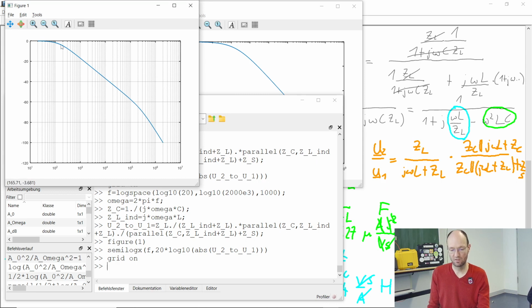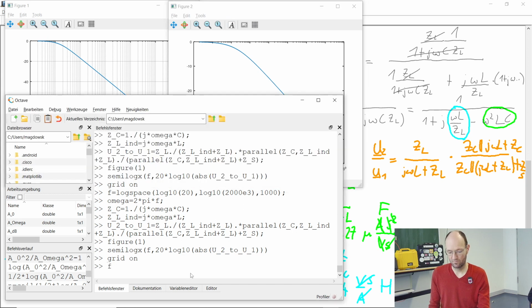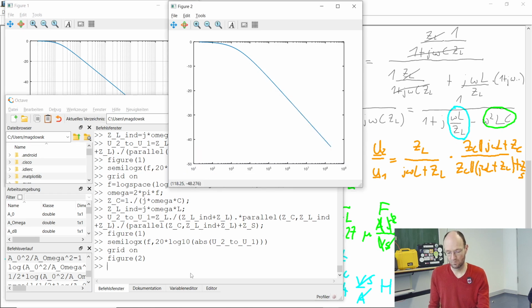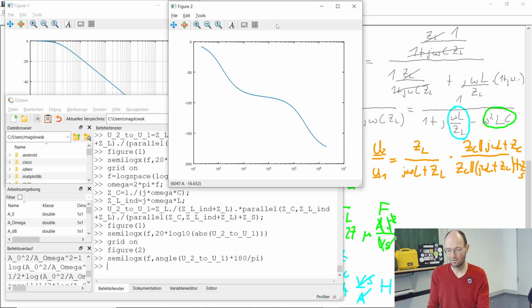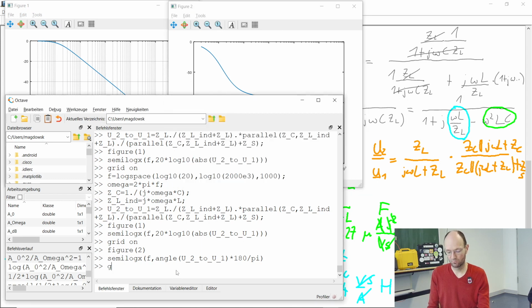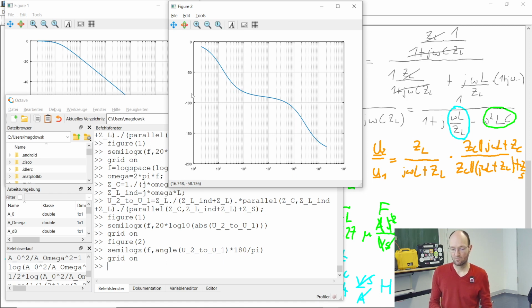There we go: first corner frequency, second corner frequency. And in figure 2, the phase plot: we have the first corner frequency somewhere here. We transition to minus 90 degrees, and then we have another transition, finally going to minus 180 degrees.